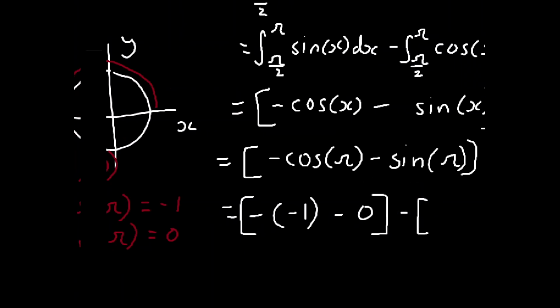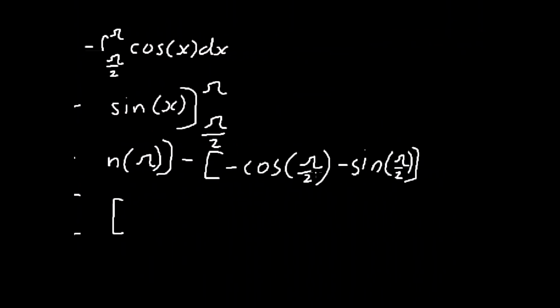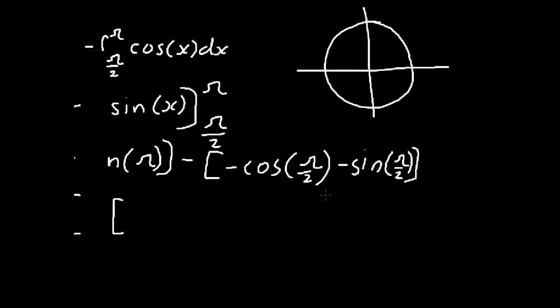Okay, I want to keep the square brackets around there just because I always forget about the negatives. But now let's do the same thing over here, but now with 90 degrees, or pi divided by 2. Okay, let's draw our unit circle. And remember, crawling gives us the x-axis, and then touching the sky gives us the y-axis. So this time we're going 90 degrees around, okay? And that gives us point 0 and 1.